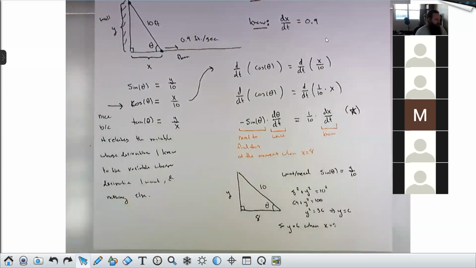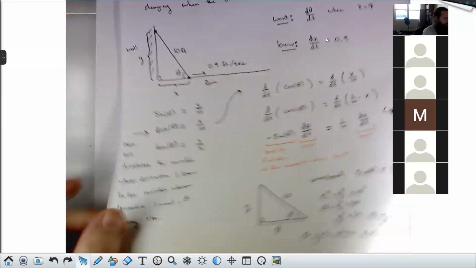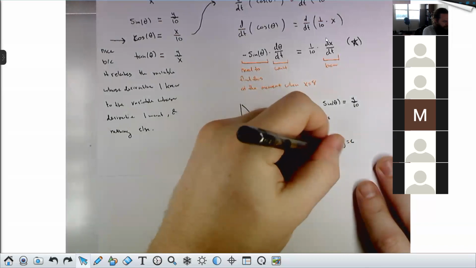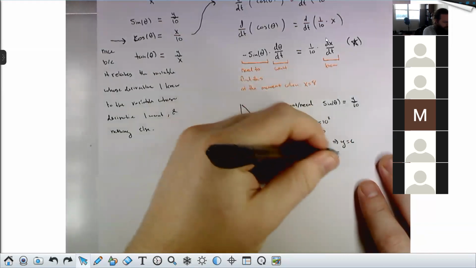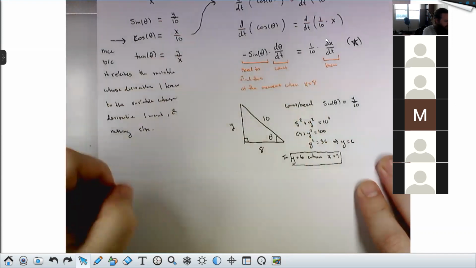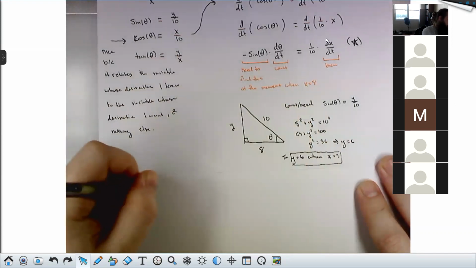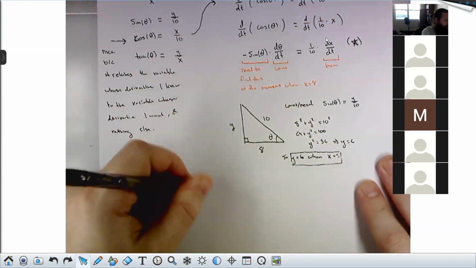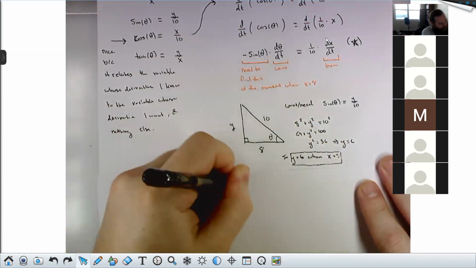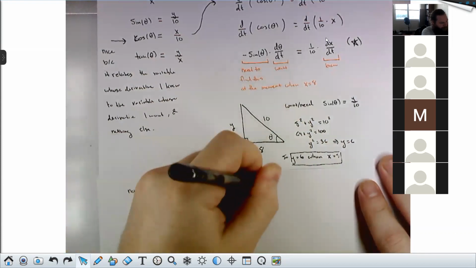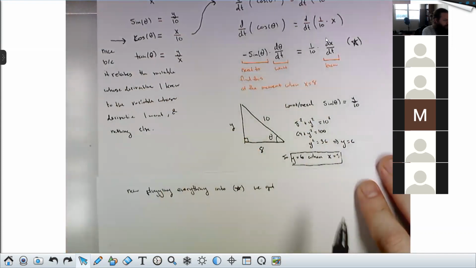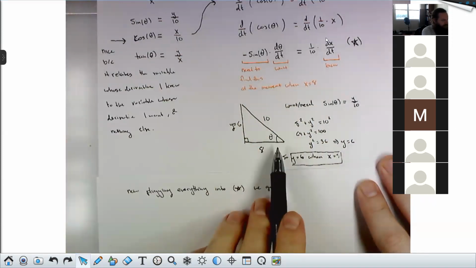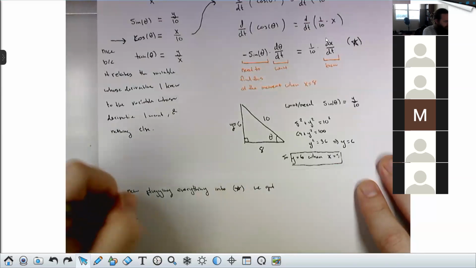And now I can take this information and update my equation star. All right, I've got this. Now, plugging everything into star, we get, let's see, so sine θ, if y is equal to 6, sine θ is going to be 6 over 10. So I'll first rewrite the equation here.